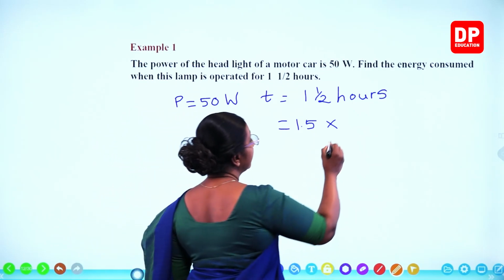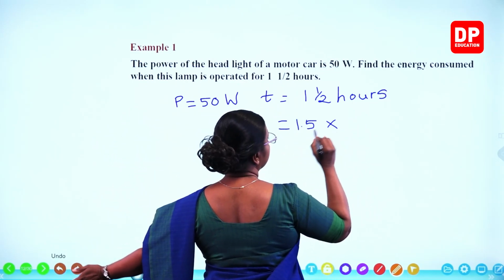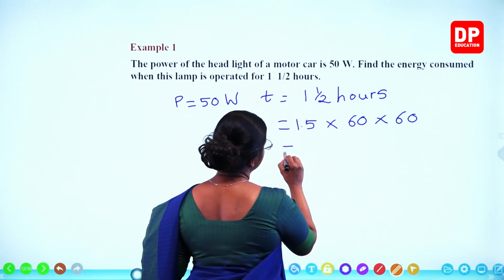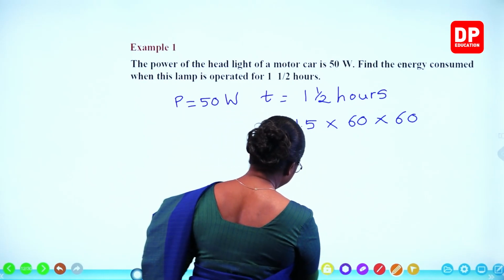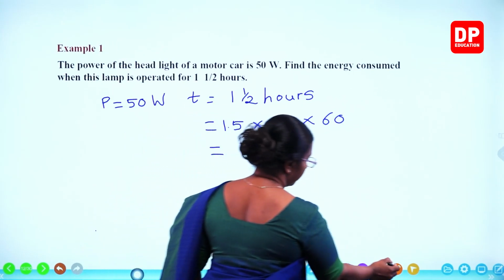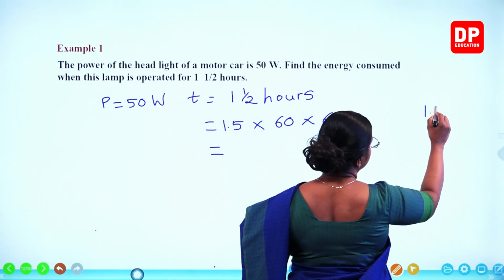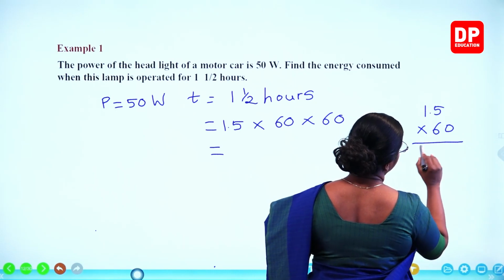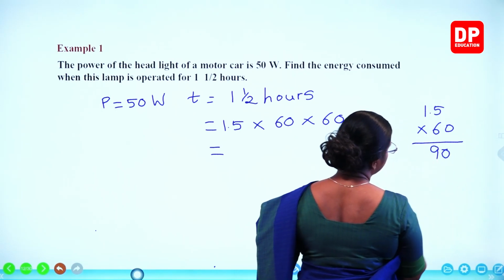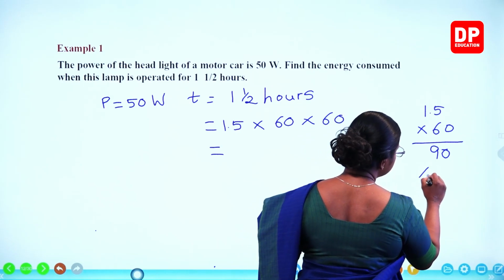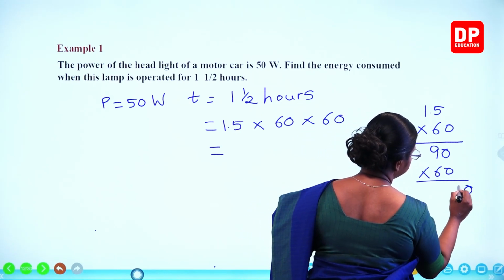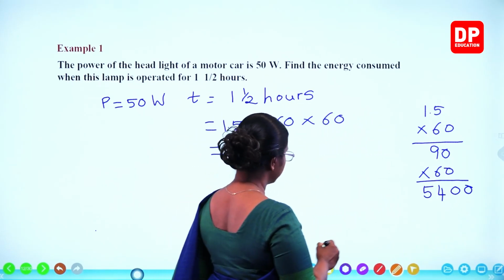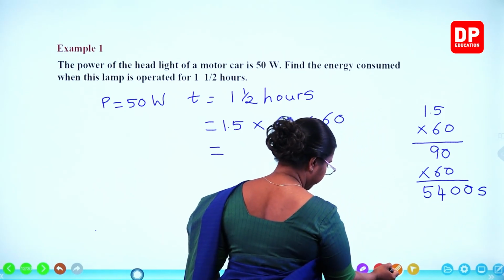So you need to multiply this by 60 into 60. 1.5 into 60, you get 90. Then 90 again into 60, 5,400. So 5,400 seconds.